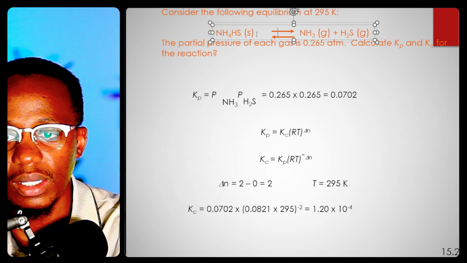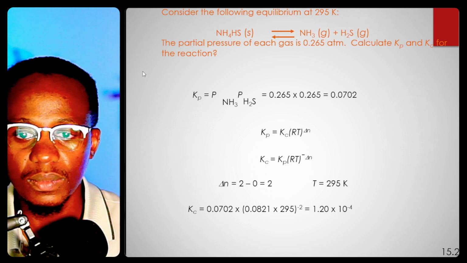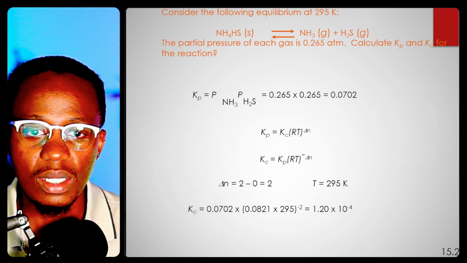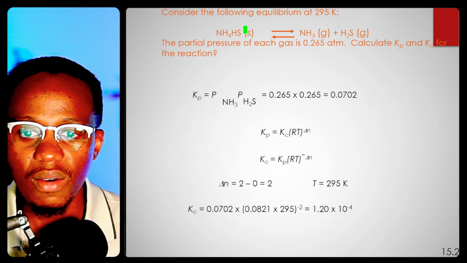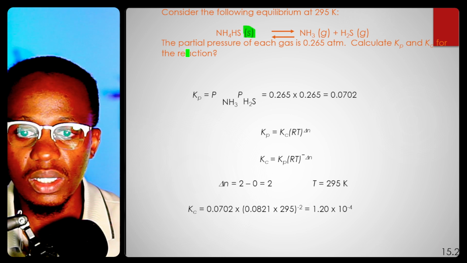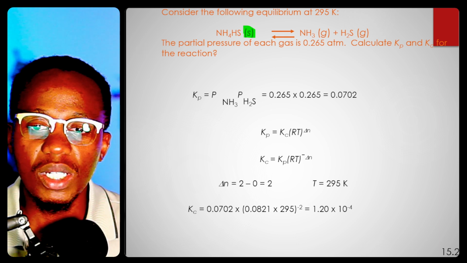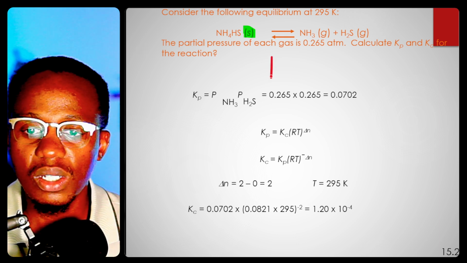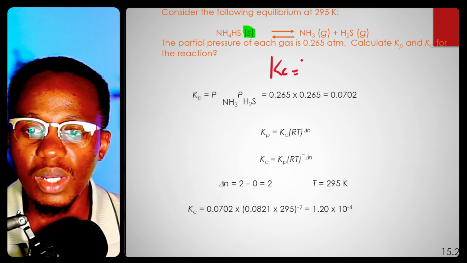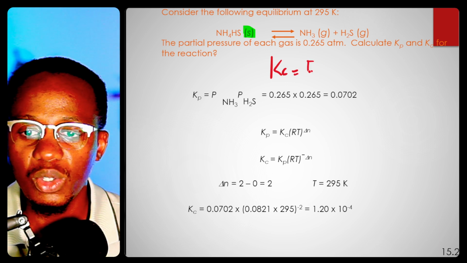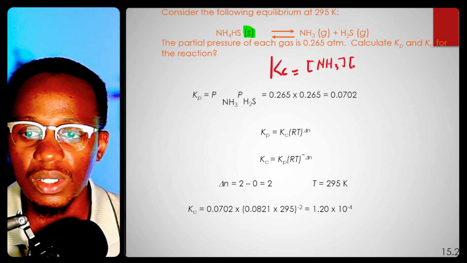Let's look at another example. No, this is the same example. It's just that, again, when you have a solid, you don't consider it. This is asking in terms of pressure, but if I ask you in terms of concentration, the Kc of this reaction is going to be equal to the concentration of NH3 times the concentration of H2S.